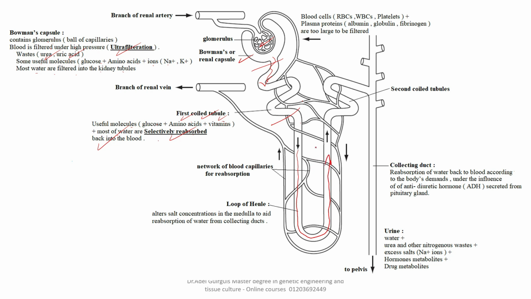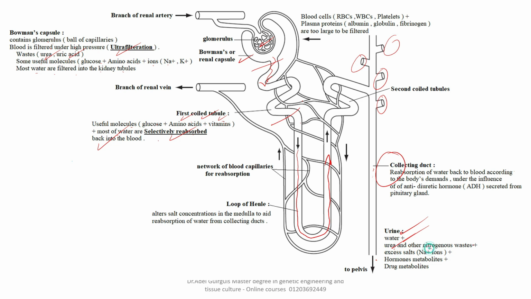Okay, what would happen here? The collecting duct collects the filtrate from many nephrons and passes this fluid down as urine. Urine contains water as solvent and urea as waste. Most of the urea is excreted.